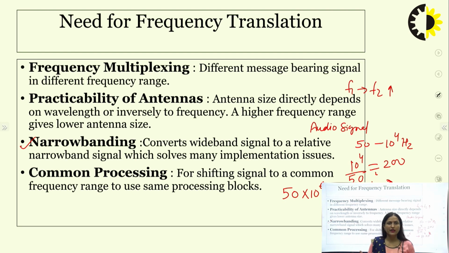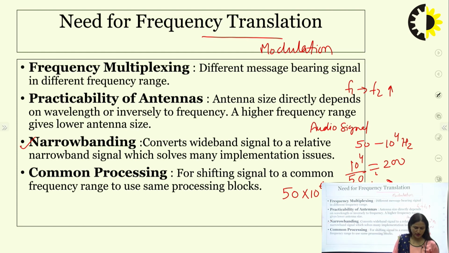So it will be comfortable for me. It means now this low frequency is carried by a car. Okay. So this is the process of frequency translation, which is sometimes called modulation. So these are the 4 basic points where we require frequency modulation.